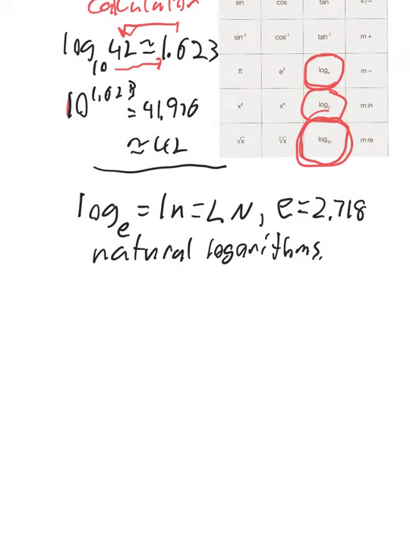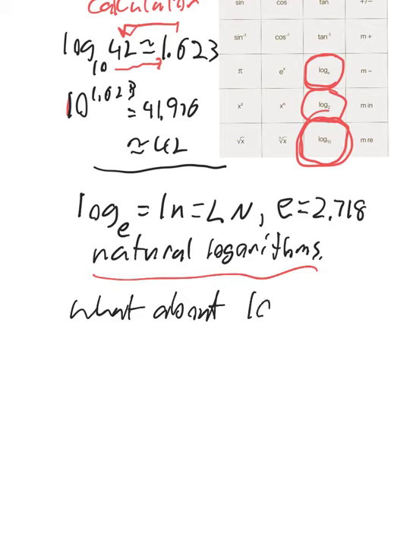All right. Now, what if you wanted to do log of a number that's not 2 or 10 or E? Okay. What about if we want, say, log base 5 of 67 or something? Okay. All right.